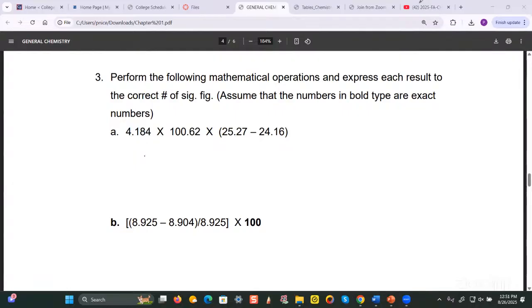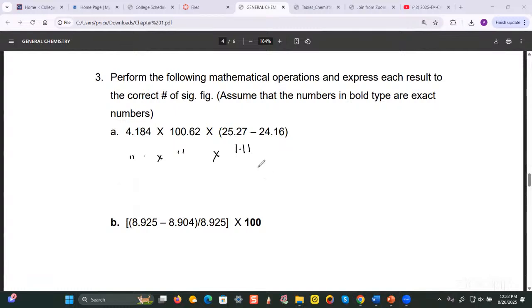25.27 minus 24.16. According to my calculation, that part works out to be equal to 1.11. So now we have to multiply 1.11 by 100.62 times 4.184. So now we have to look at what happens when we multiply.